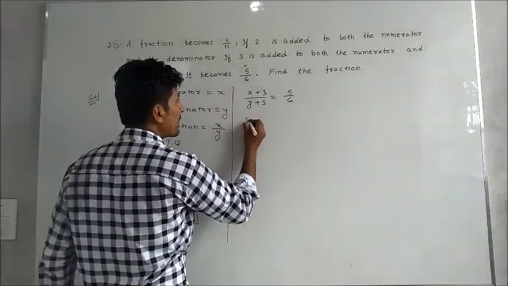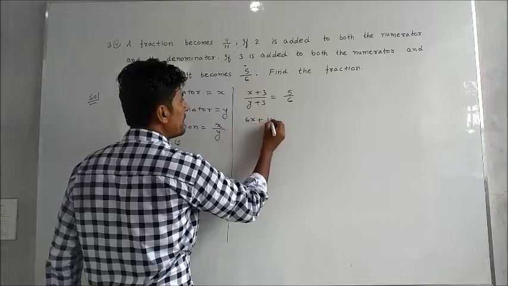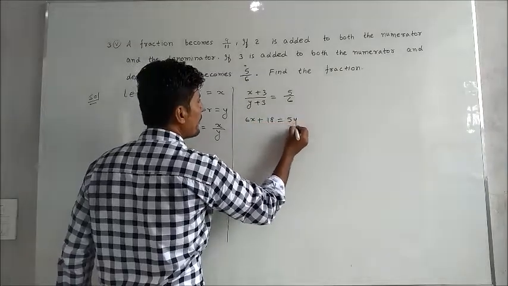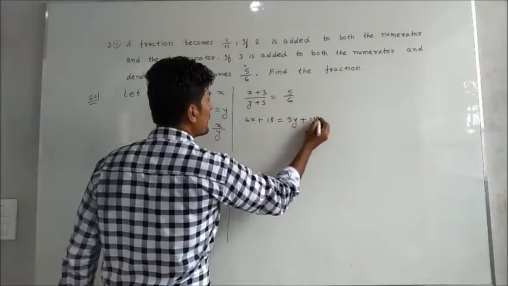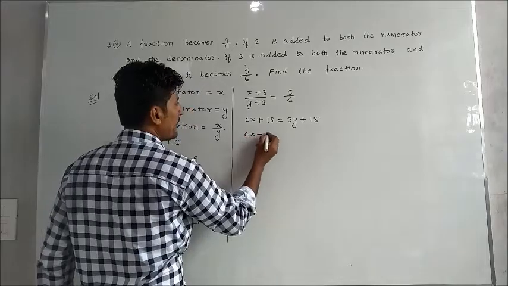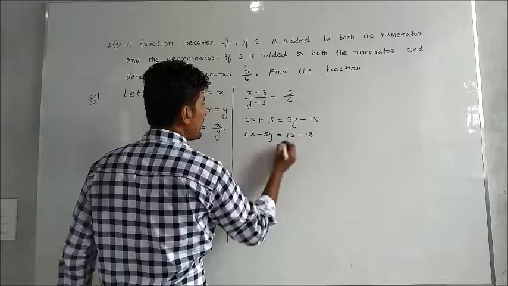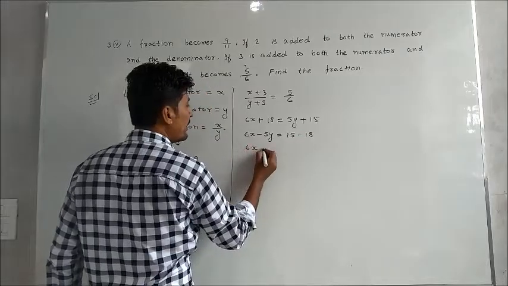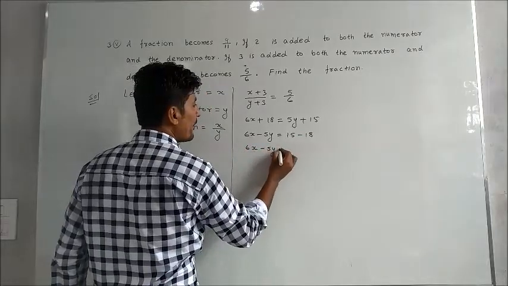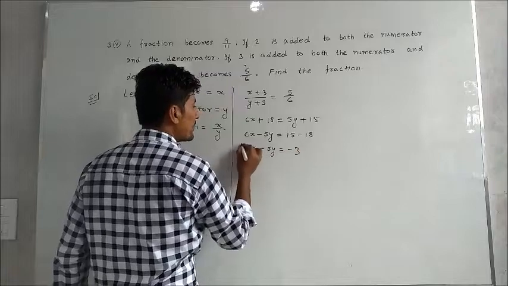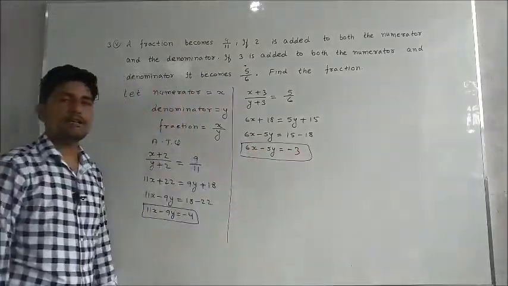Now here we can write 6x plus 18 equals to 5y plus 15. 6x minus 5y equals to 15 minus 18, or finally we can write here 6x minus 5y equals to minus 3. This is our second equation.